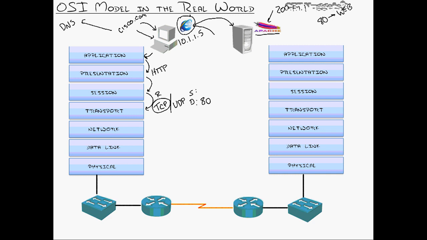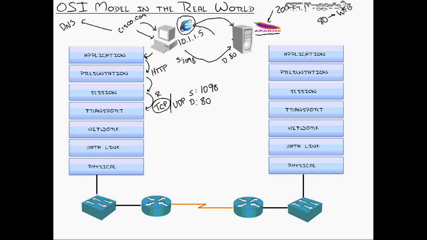So this web browser is assigned on the fly. They just kind of make one up. It's known as a dynamic source port number. We'll say 1098. So when it goes to the web server, it's going to say, hey, web server, I'm going to a destination port of 80. The server goes, great, I'll send you to my Apache web server program. But it will also say, I'm coming from a source of 1098.